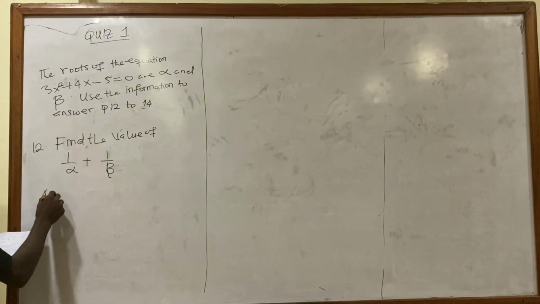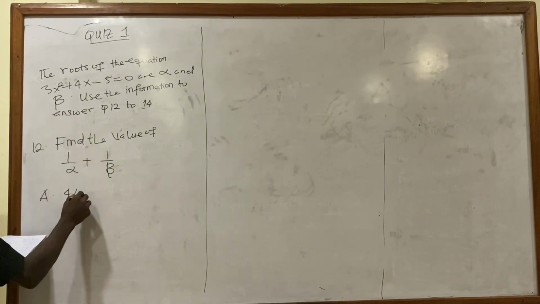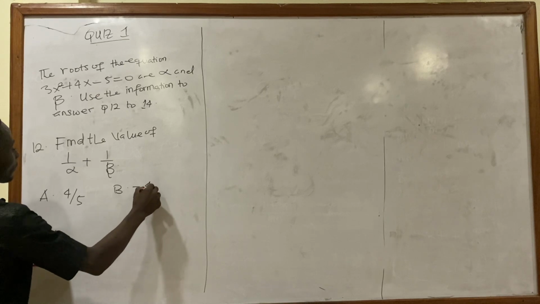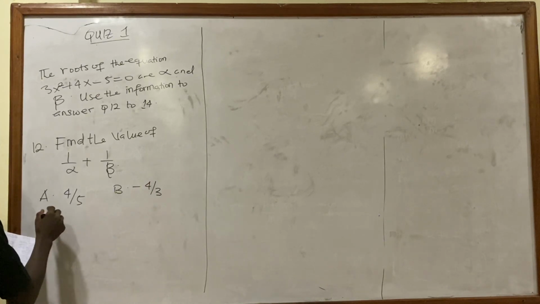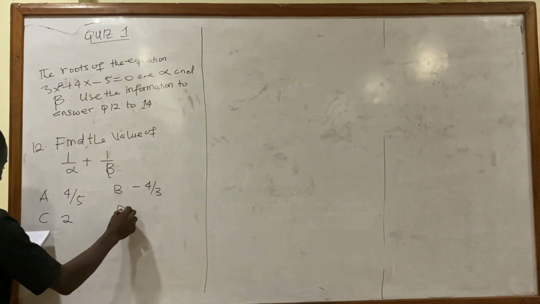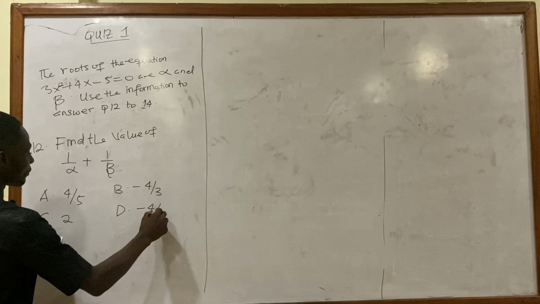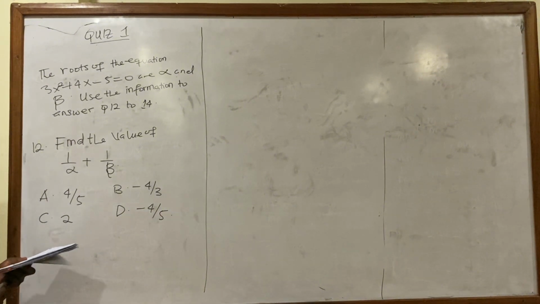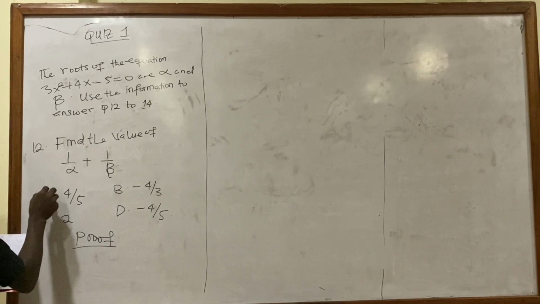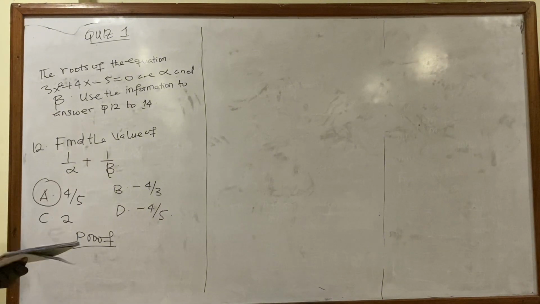And these are the options. A is 4 over 5, B is minus 4 over 3, C is 2, D is minus 4 over 5. The correct answer is 4/5, but let's prove.